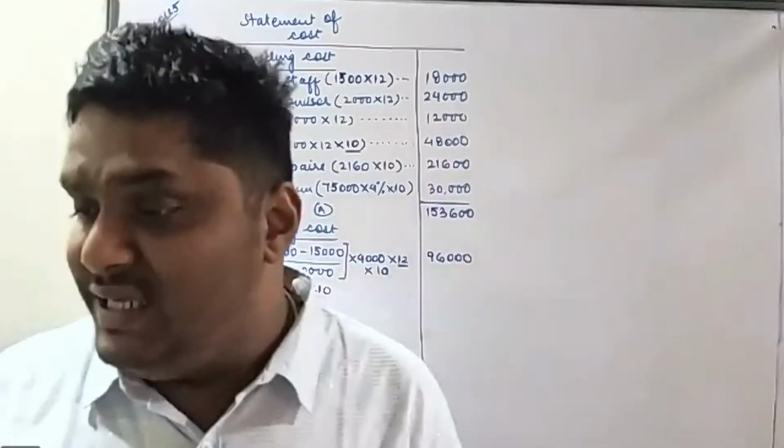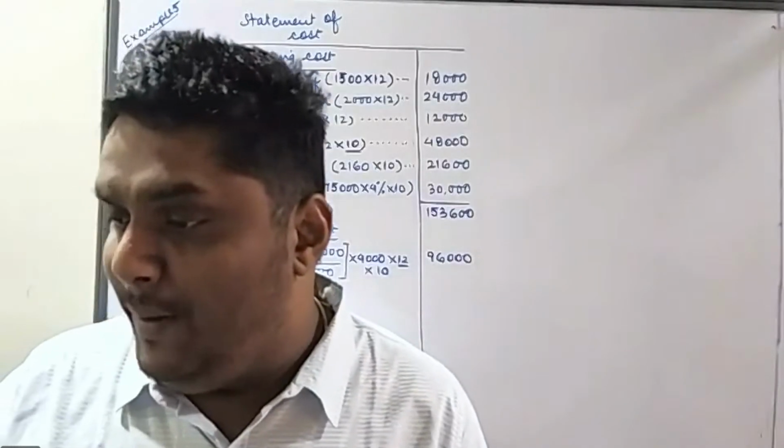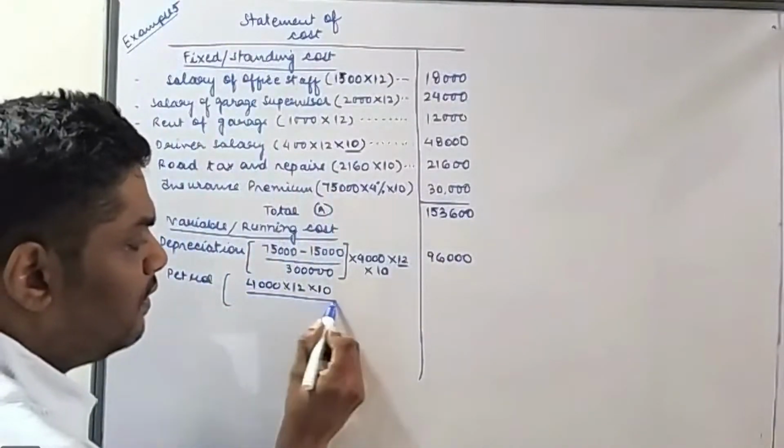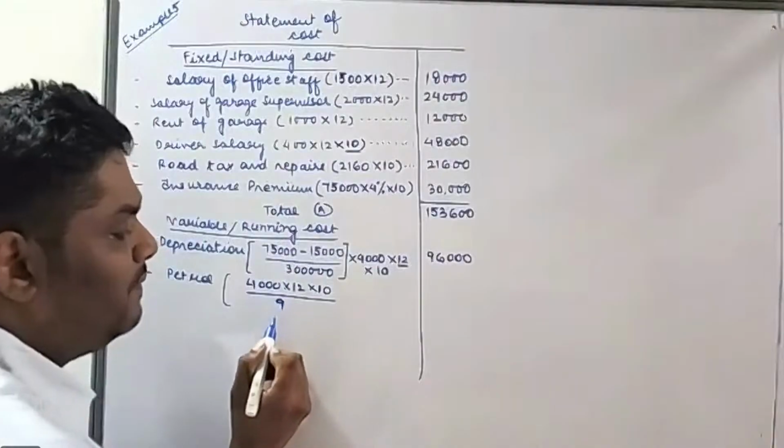Now, the taxi is running, the petrol consumption is 9 kilometers per liter. So divided by 9.